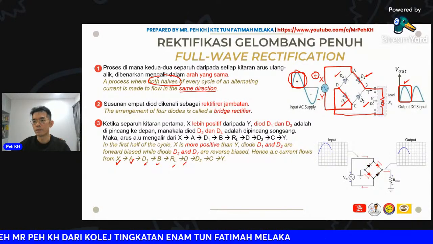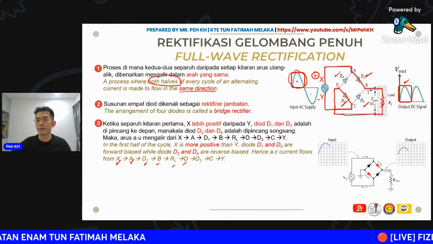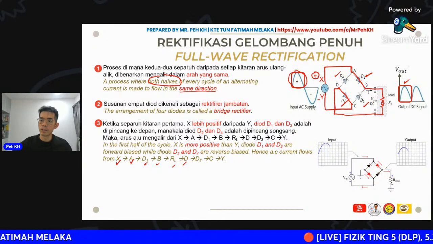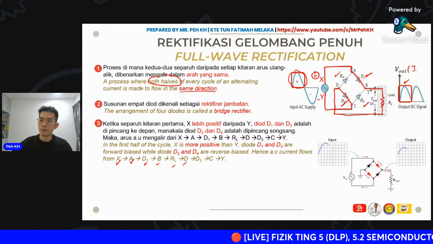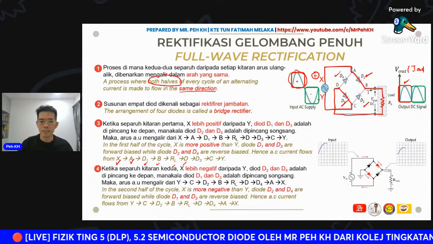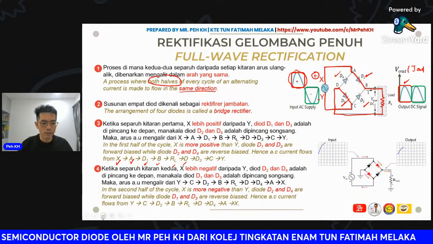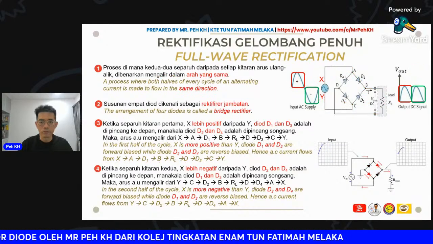Okay, so when the current flows in one direction, we know it as direct current. This can also be the current output. So this is the first half cycle. For the other half cycle, it refers to the green color box.